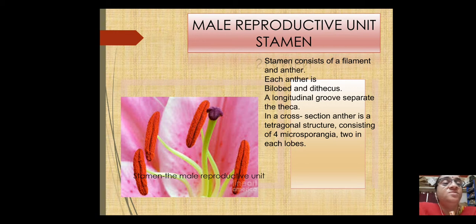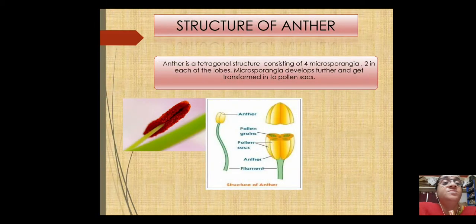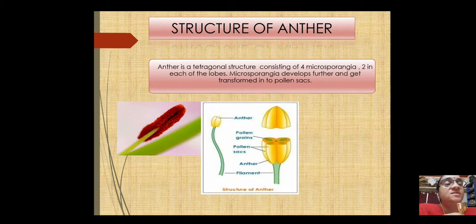And if we look into the internal structure, each anther is not just made up of two theca, but internally it is a tetragonal structure consisting of 4 microsporangia, 2 in each of the lobes. Microsporangia develop further and get transformed into what are called pollen sacs.